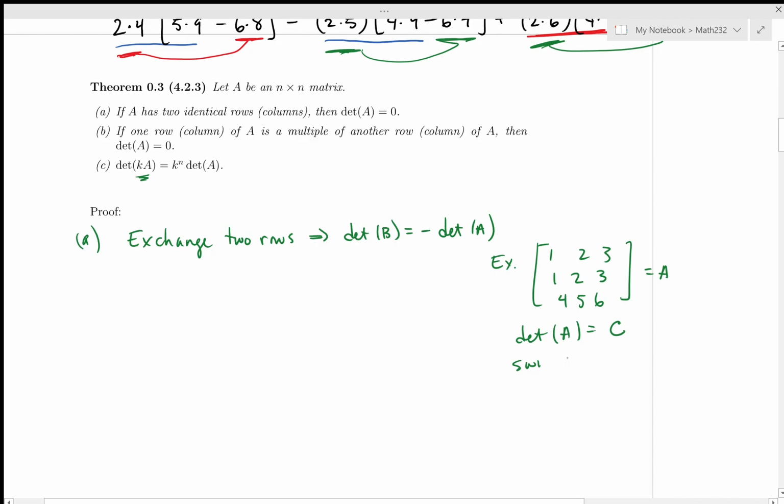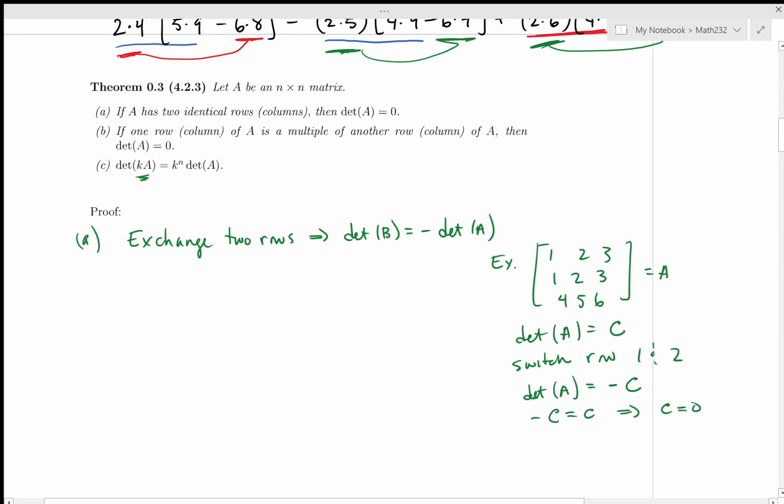Of course it looks exactly the same, so I still have A. But because I've switched 2 rows, the determinant has got to be minus what it was before. So minus C has to be equal to C, and that means that C is 0.